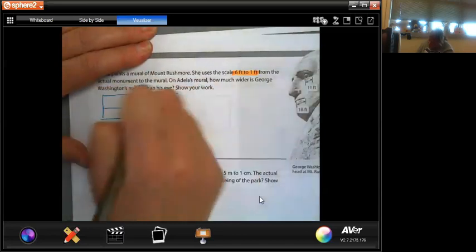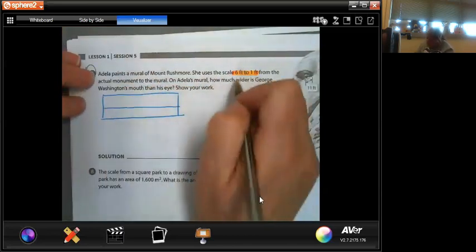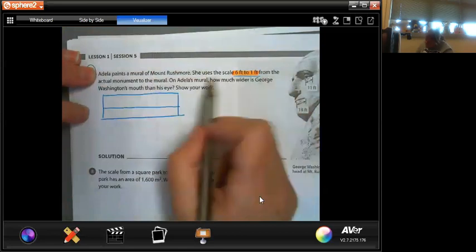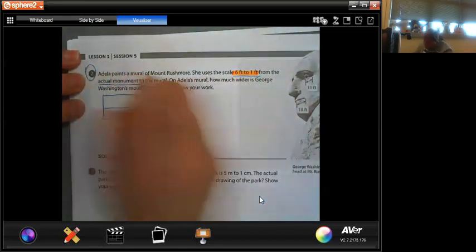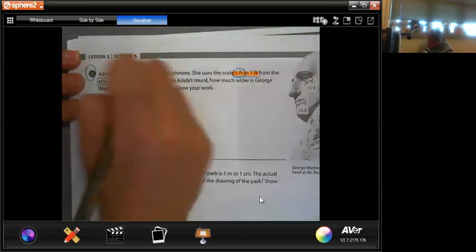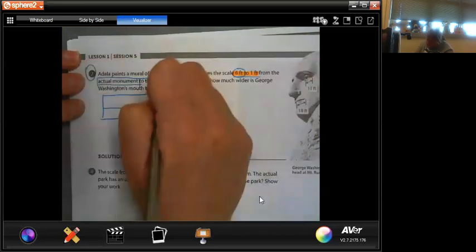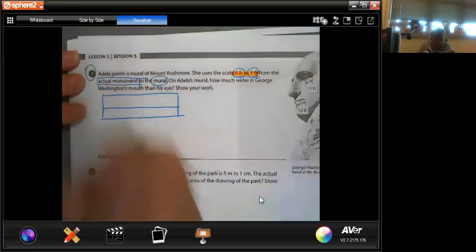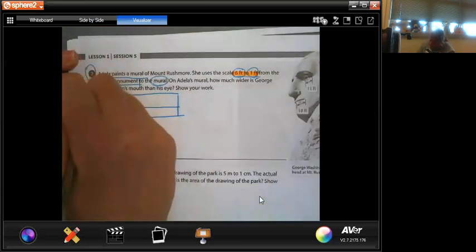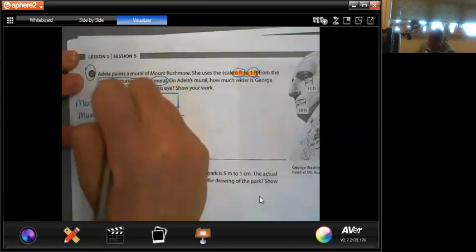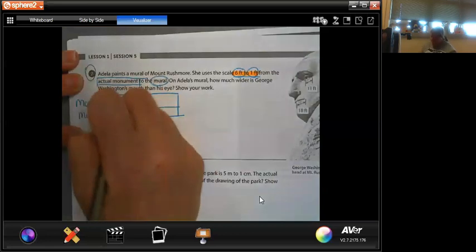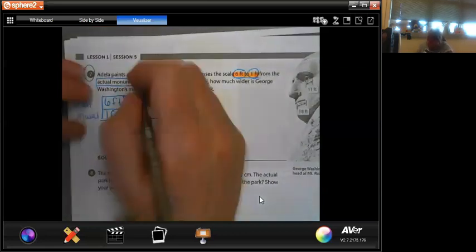What we know, the given information, is that she uses a scale of 6 feet to 1 foot from the actual monument to the mural. So the monument and the mural. So we know it's 6 feet to 1 foot, right? Okay, so we could keep going.